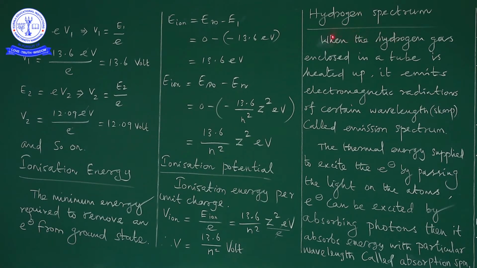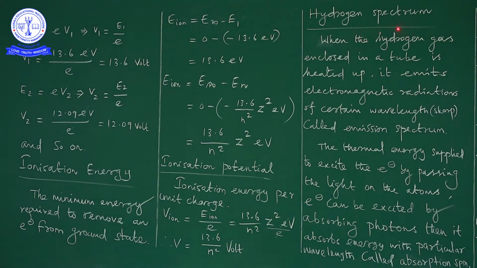The hydrogen spectrum contains two categories. One is the emission spectrum and another is the absorption spectrum. Emission means it emits some amount of energy. Absorption means it absorbs some amount of energy. Either absorbing or emitting energy, it produces a spectral line.